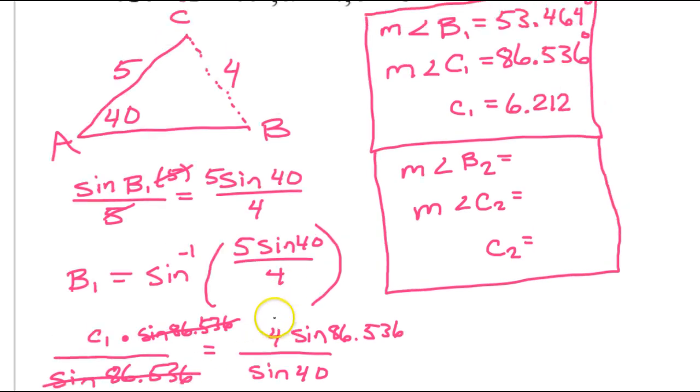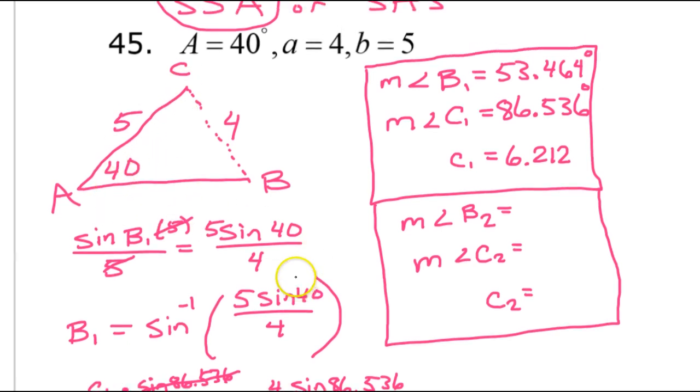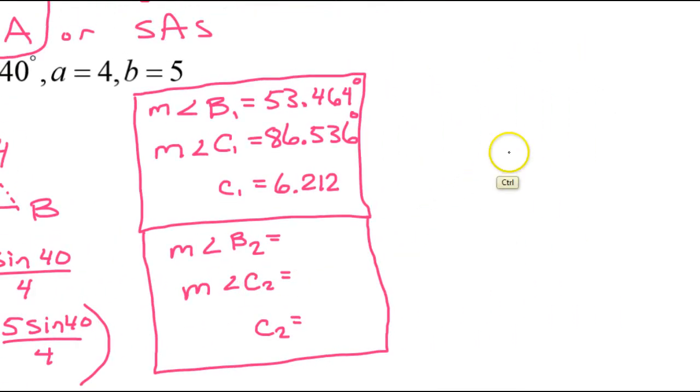Now it's time to draw the other triangle. I'm going to draw the other triangle by taking this rope, this dotted line, and swinging it inward to make an obtuse triangle. So that's going to look like this. It's going to start off the same way.